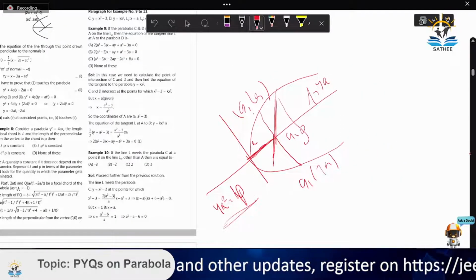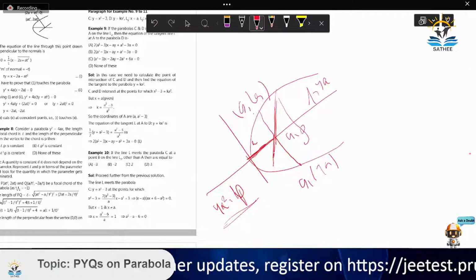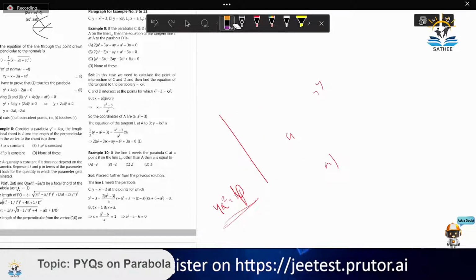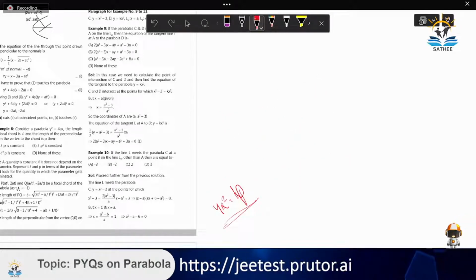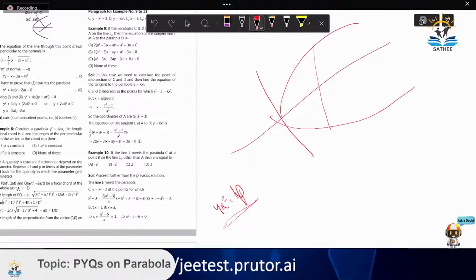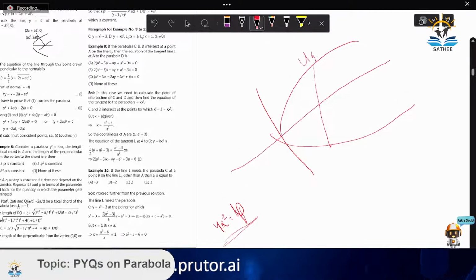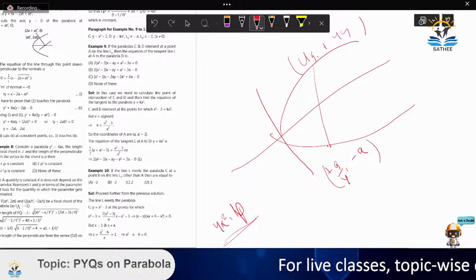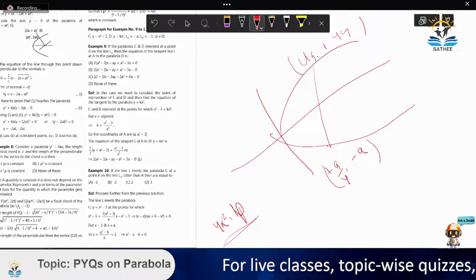This was t is equals to 1, so let's take t is equals to 2. So what am I left with? If I take t is equals to 2, it is 4a comma 4a, and then it would be a by 4 comma minus a, because I'm taking minus 1 by t.